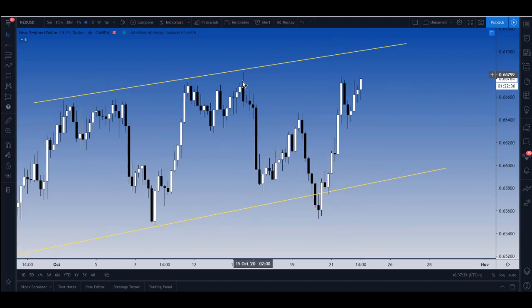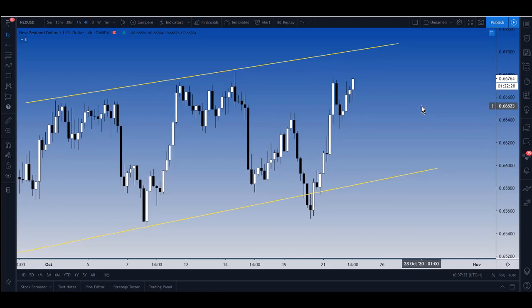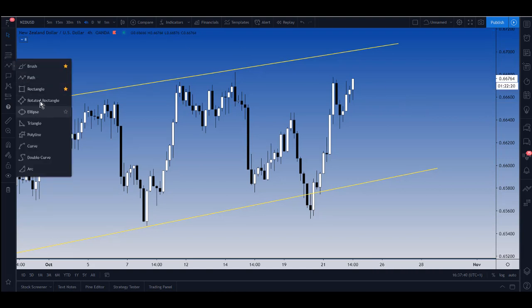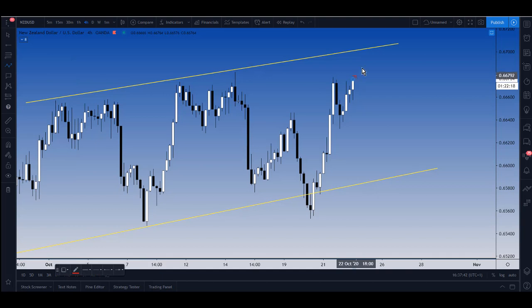You're looking for a rejection, okay? And we're expecting this to push down at least into that 6,600, I would say. So have your eyes on pound USD, have your eyes on Kiwi dollar, because we are expecting potentially that move there.